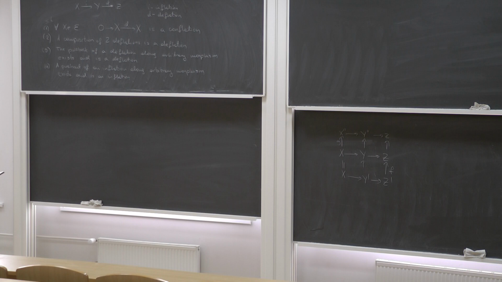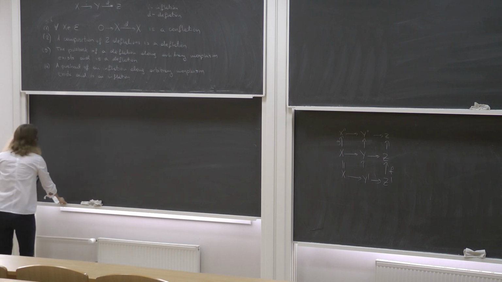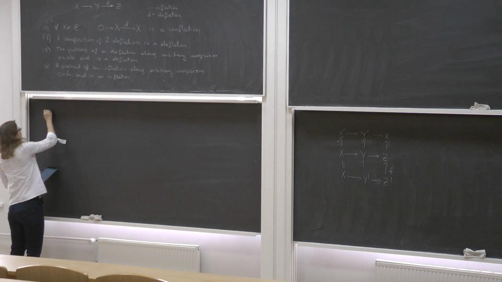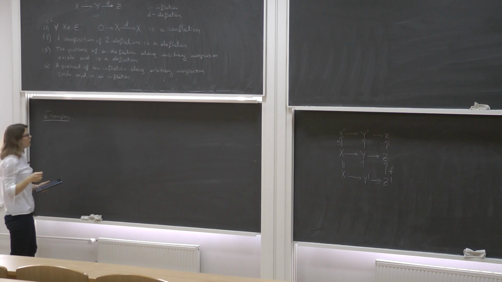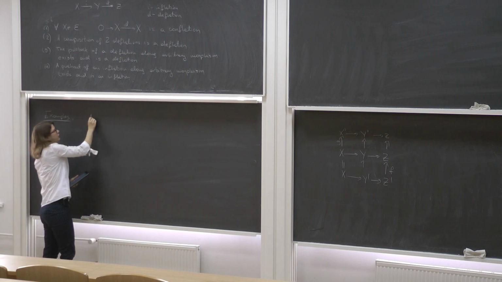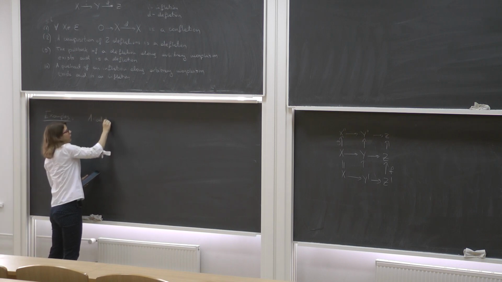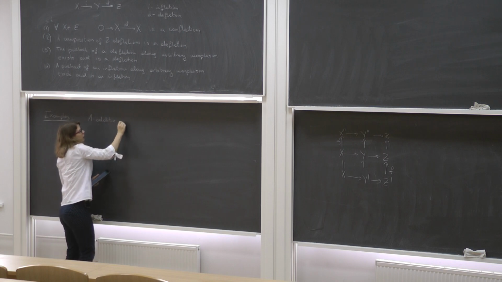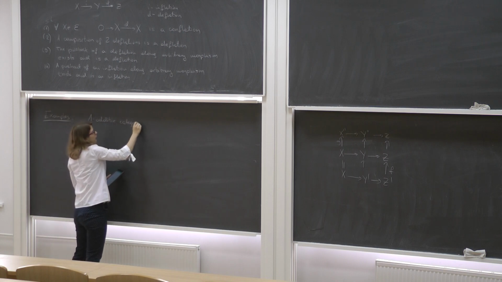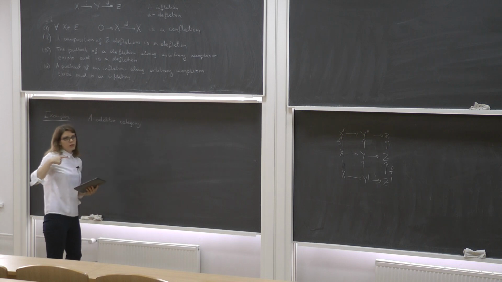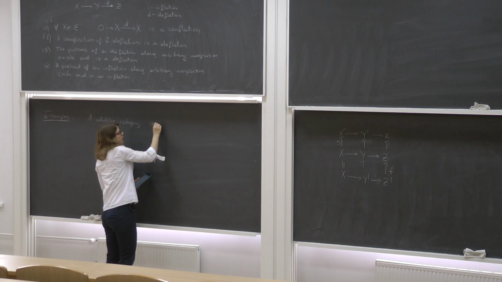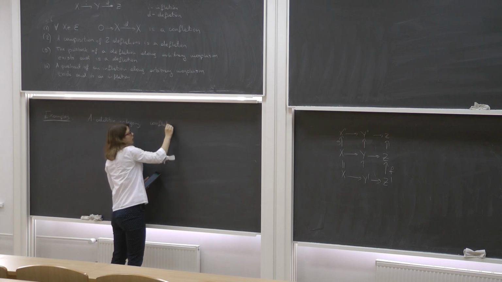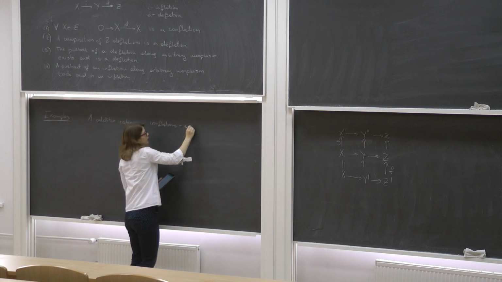So what about examples? First of all, I can take an additive category and take conflations to be just short split exact sequences.